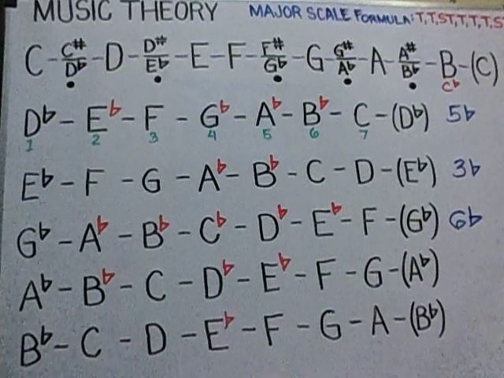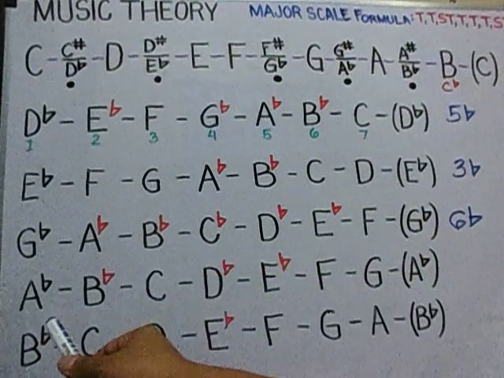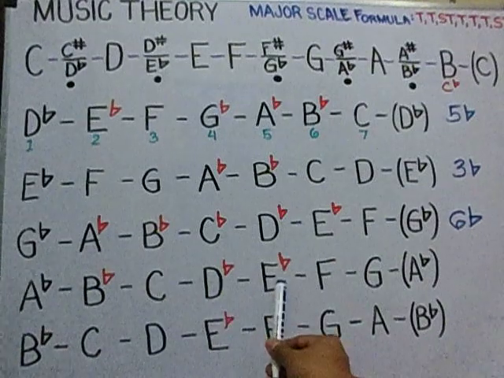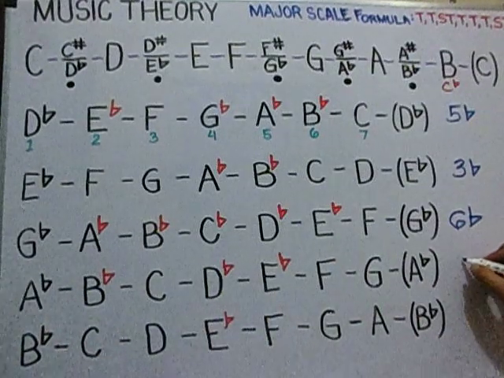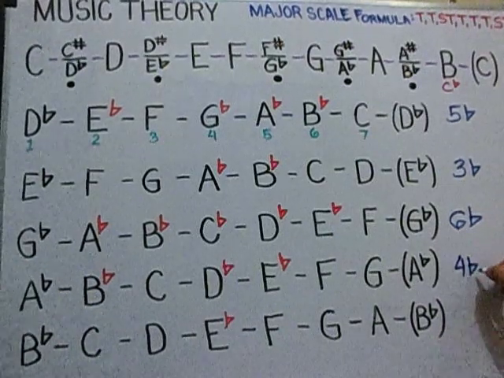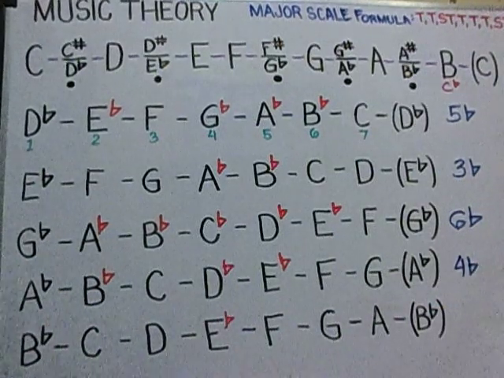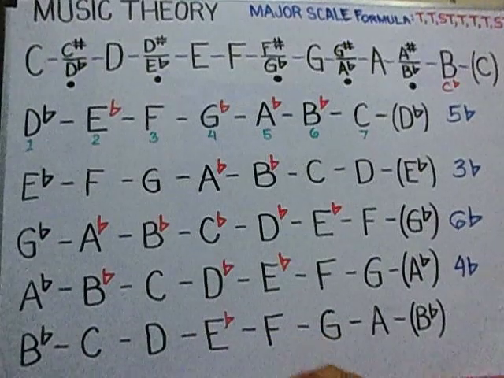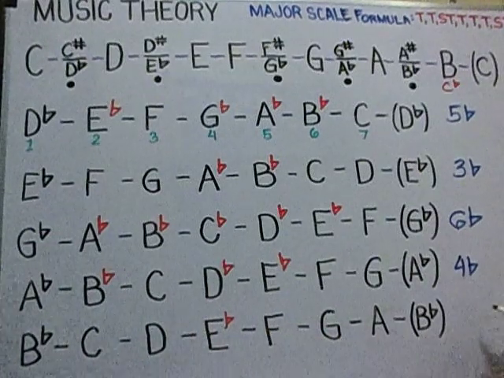So we have 6. Next, for A flat, we have A flat, B flat, D flat, E flat. So we have 4. And lastly, on B flat, we have B flat, E flat. So we only have two flats.